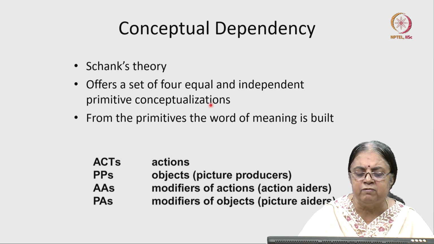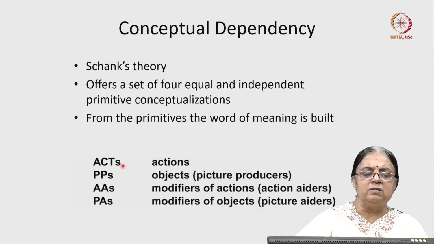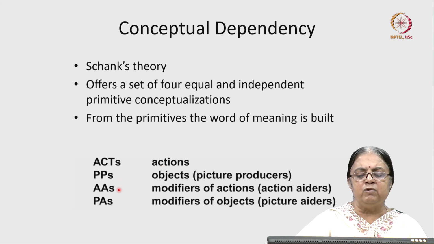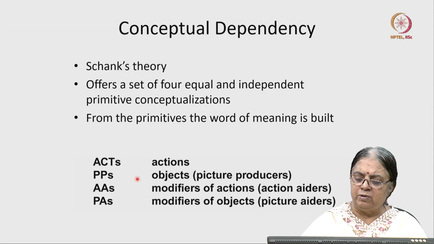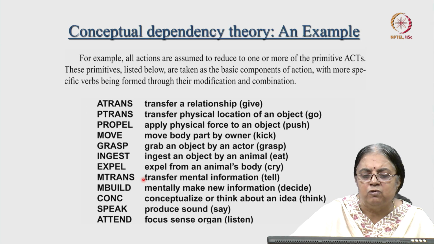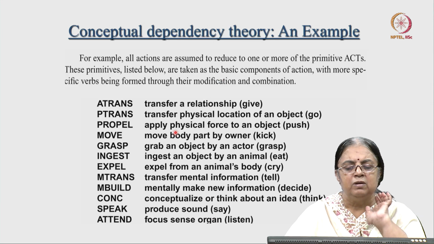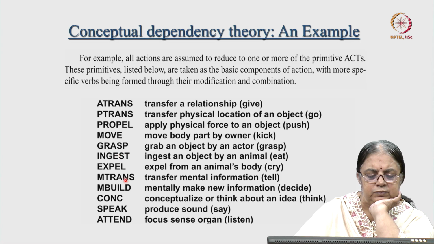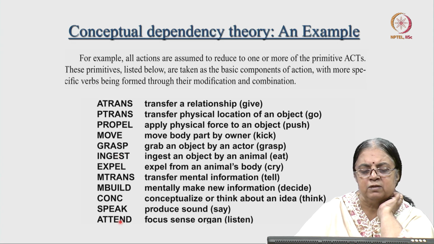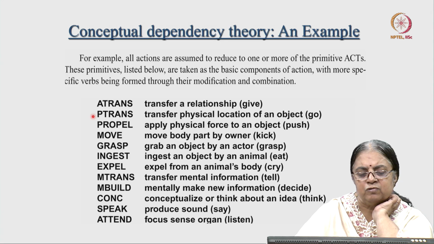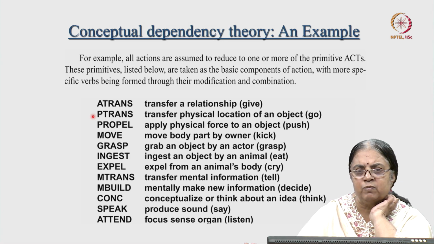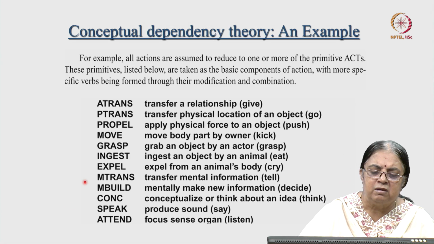You have 4 primitive conceptualizations: the actions, the objects, the modifiers of actions and modifiers of objects. All actions are reduced to one of these primitives. We have 12 primitives here, and any action that you do can be brought down to one of these 12 primitives which is given here.